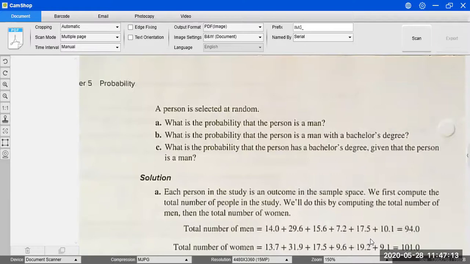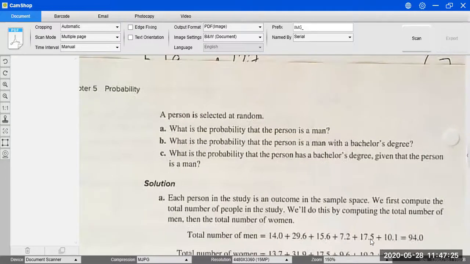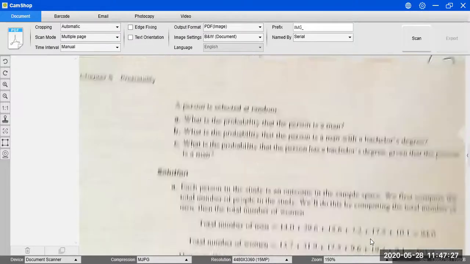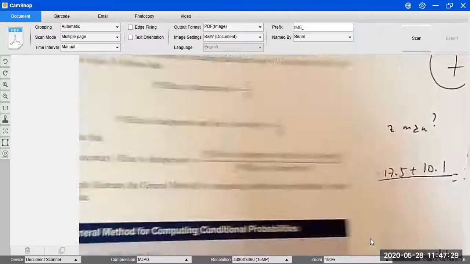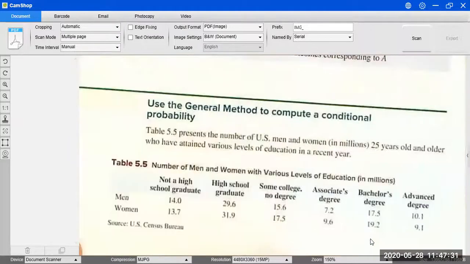The first event is that the person is a man. The second event is that the person has a bachelor degree. Both conditions have to occur at the same time.